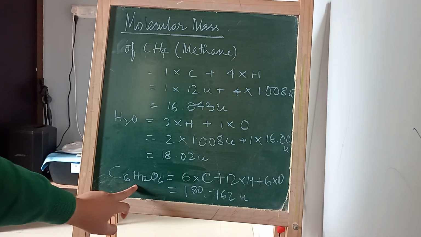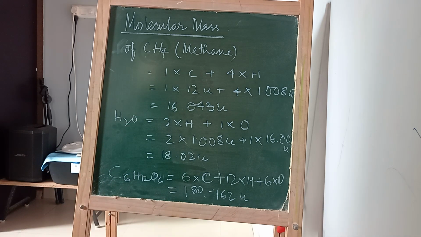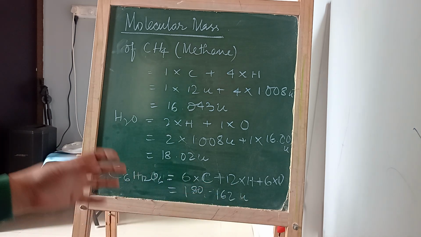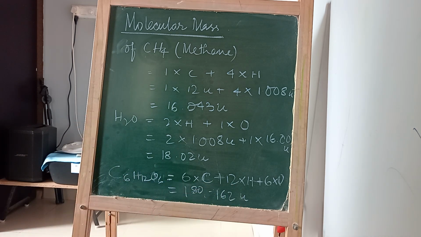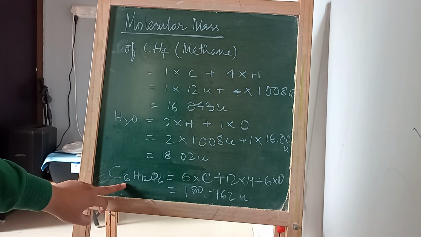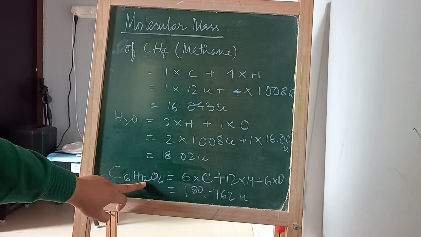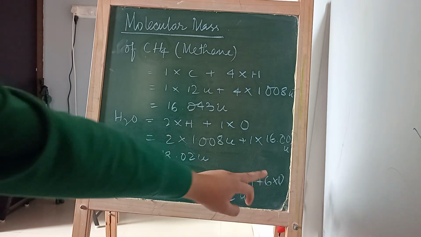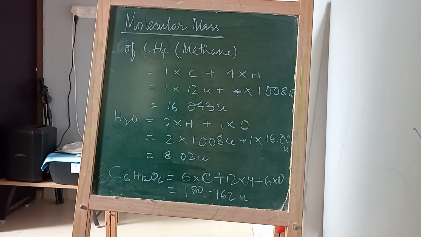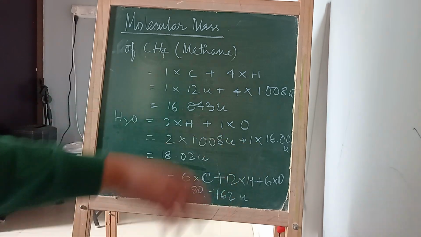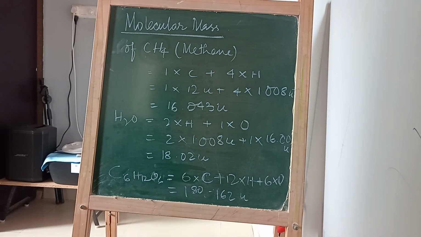Similarly, C6H12O6 is one molecule of glucose. And how will you calculate the molecular mass of glucose? The molecular mass of one molecule of glucose is the mass of six atoms of carbon plus the mass of 12 atoms of hydrogen plus the mass of six atoms of oxygen. Carbon's atomic mass is 12, hydrogen is 1.008, and oxygen's atomic mass is 16.00 u.